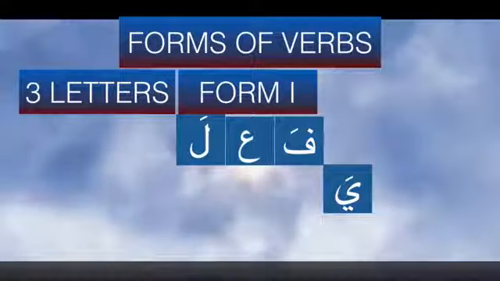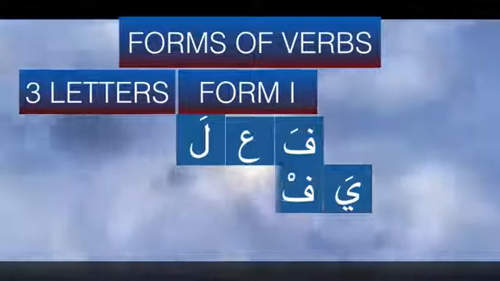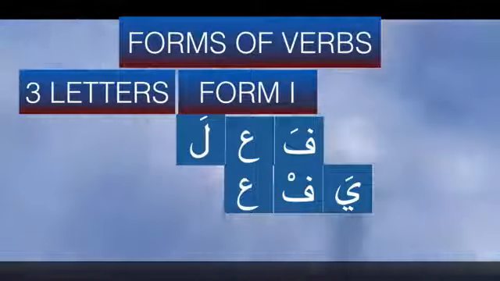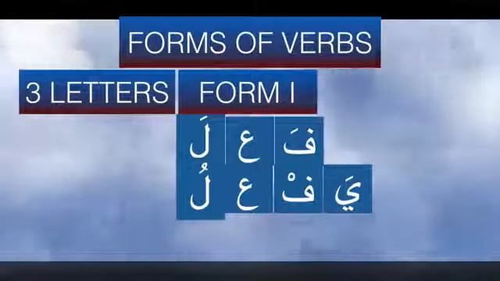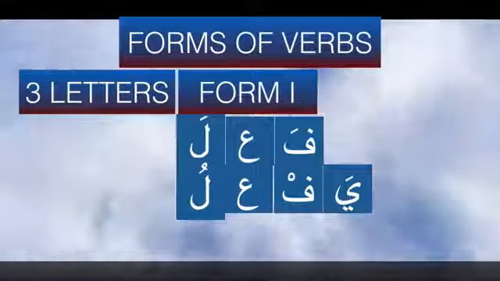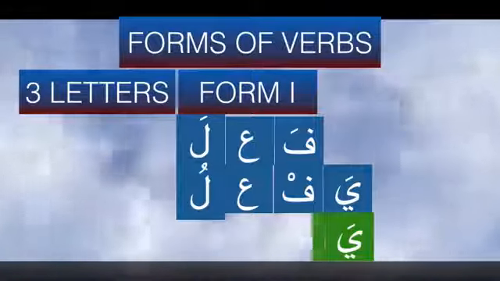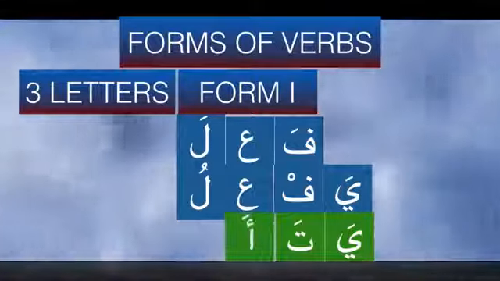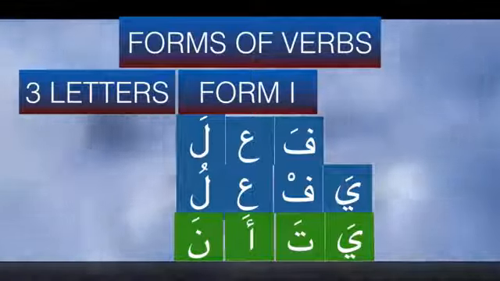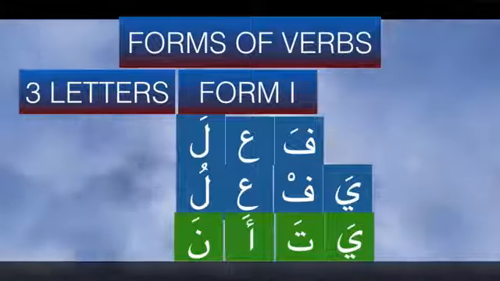The alamatu mudari' always has fatha, and fa kalima will have sukoon. Ain kalima, where the action takes place, and lam kalima will always have dhamma in the marfu' form. So we know the alamatu mudari', which are ya, ta, a, and na. So these alamat mudari' in 3-letter forms will have fatha.